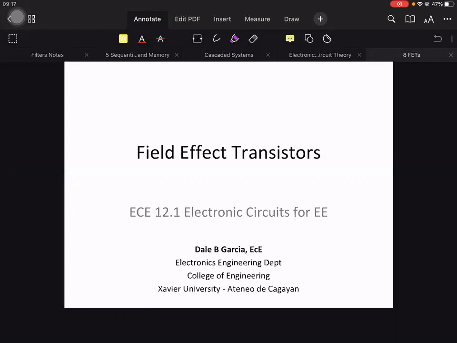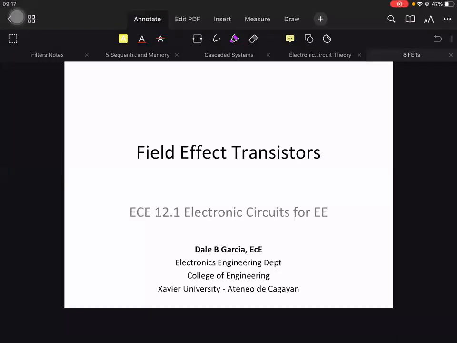Same with the BJT, which is a bipolar junction transistor, the FET is also a transistor, a field effect transistor. Those are the two major types of transistors: BJTs and FETs.